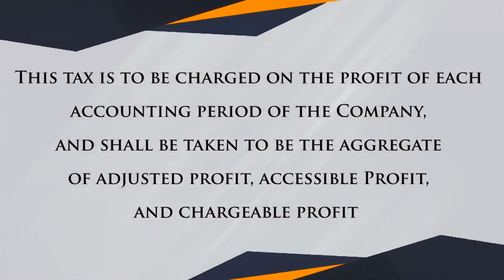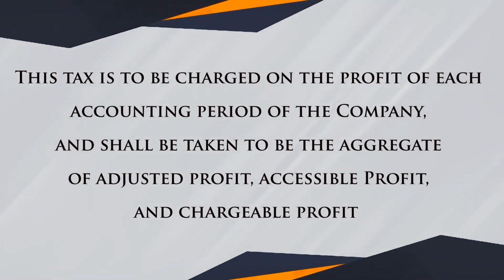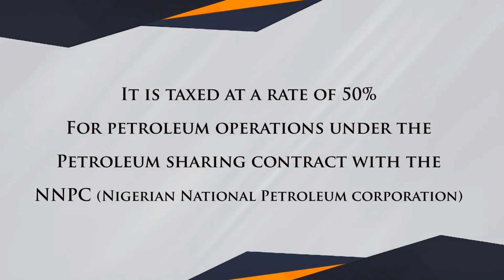This tax is to be charged on the profits of each accounting period of the company and shall be taken to be the aggregate of adjusted profits, assessable profits, and chargeable profits. It is taxed at a rate of 50% for petroleum operations under the petroleum sharing contract with the NNPC. That's the Nigerian National Petroleum Corporation.